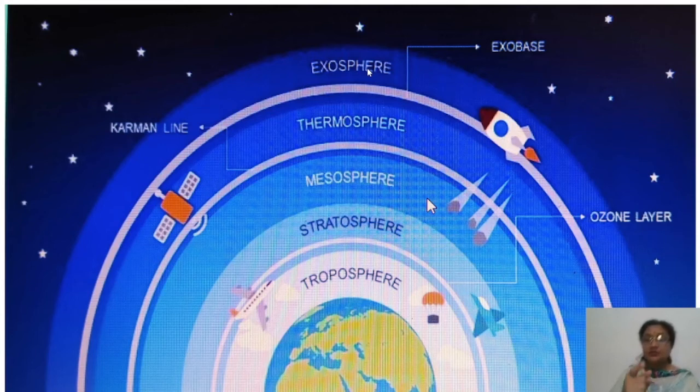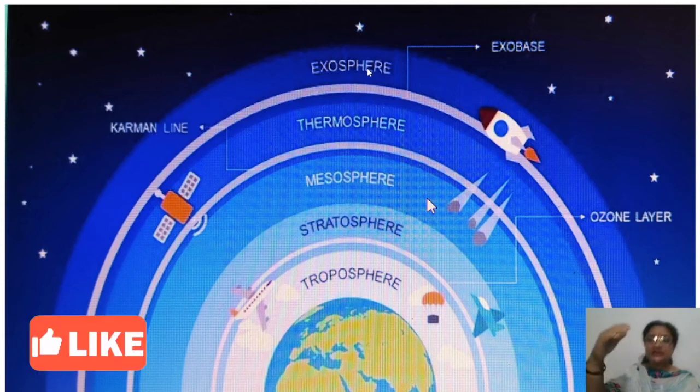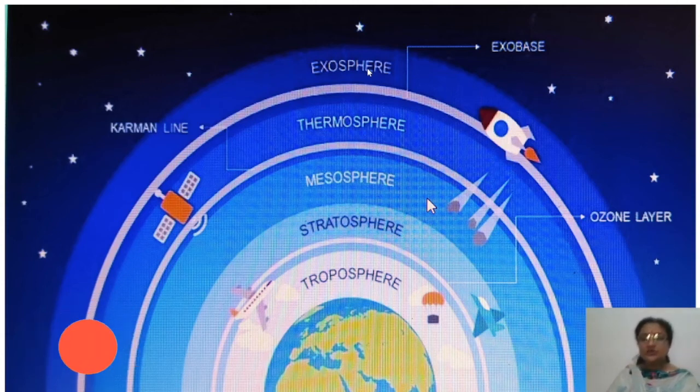But here, what is the reason for the high temperature in the case of the exosphere? The reason is the solar radiation, which is directly hitting this outermost layer of the atmosphere, causing the temperature to go very high, okay? Its limit starts at almost 400 kilometers, and it goes till around 1500 kilometers. Actually, let me tell you one thing, children.